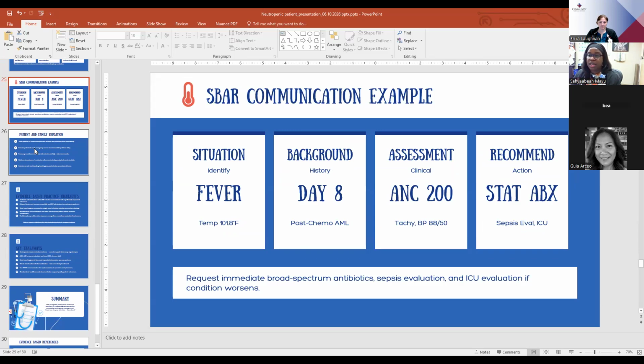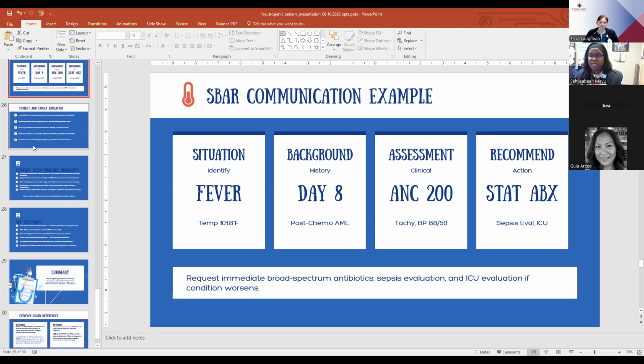So if they're tachycardic or their blood pressure is low, we want to make sure we're stating that, in any recommendations that they will like to give us, like should we start our antibiotics for this patient? So we are wanting to request broad spectrum antibiotics, some type of sepsis evaluation, and maybe even ICU evaluation if the condition worsens for the patient.